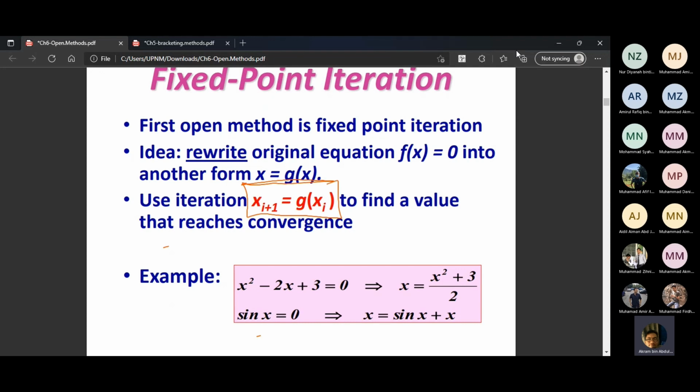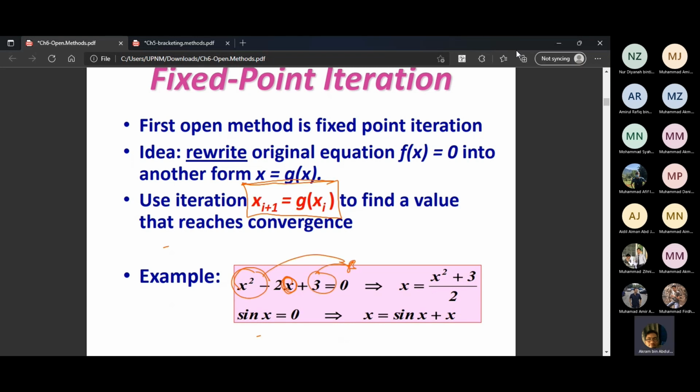Let's say you are given, this is your equation. This is your fx, or x squared minus 2x plus 3 equal to 0. So when we want to rewrite in terms of fixed point iteration forms, what we'll do, in this case, we find what is x. So x is equal to, so we move x squared and 3 to the other side of the equation.